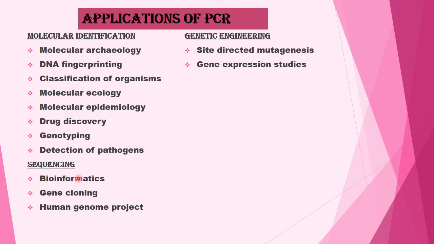And in sequencing, bioinformatics, gene cloning, the human genome project, and genetic engineering: site-directed mutagenesis and gene expression studies. So these are applications of PCR in molecular identification, sequencing, and genetic engineering.